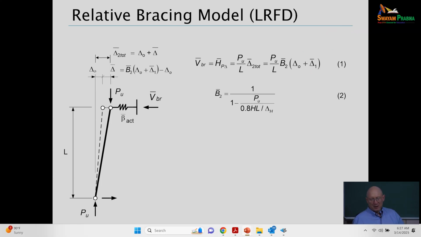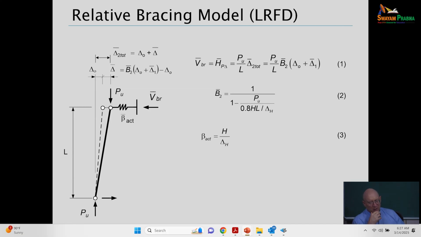But with direct analysis method, we're taking a 0.8 stiffness reduction. Now, in the bracing literature, we like to talk about stiffnesses as a stiffness coefficient we call beta when we're referring to bracing. That's kind of the common language for referring to a bracing stiffness.